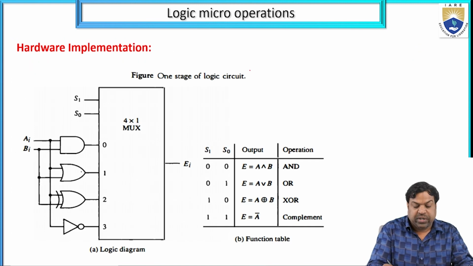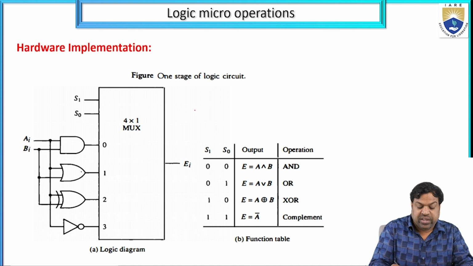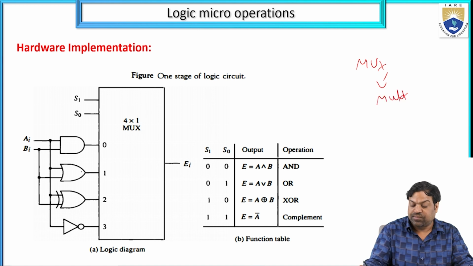So for the hardware implementation of this logic, I am taking a multiplexer here. So what is a multiplexer? Mux means multiplexer. In the multiplexer, n to 1, n inputs, 1 output.